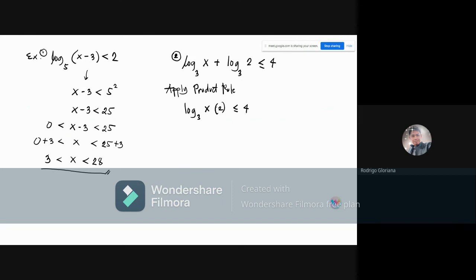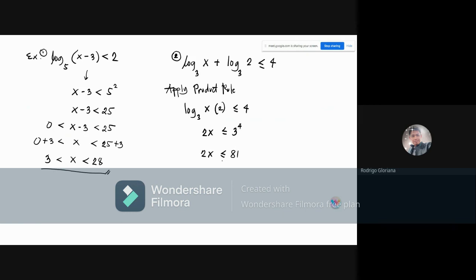Since that is addition, you apply the product rule. So, translate this. This is equal to 2x less than or equal to 3 raised to 4. 3 to the 4th is 3, 9, 27, 81. So 81.